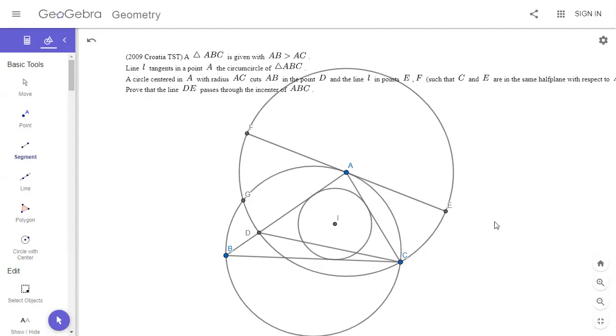Yeah, angle B. All right, so CAE is angle B, which is the same as angle CGA. So angle CGA is angle B. We want to show angle IGA is also angle B, right? And I'm sorry, we want to show EI and D are collinear.